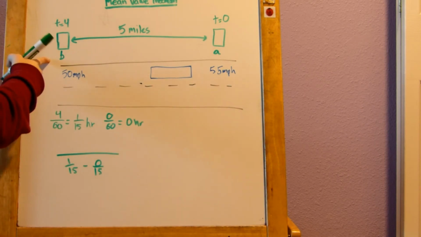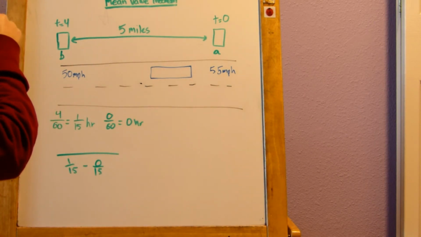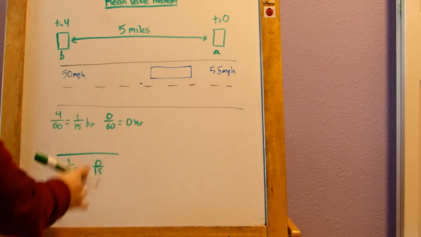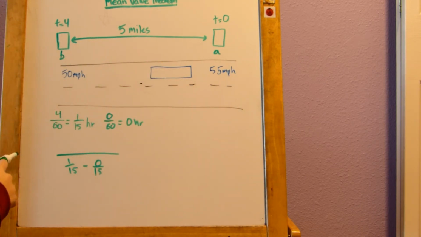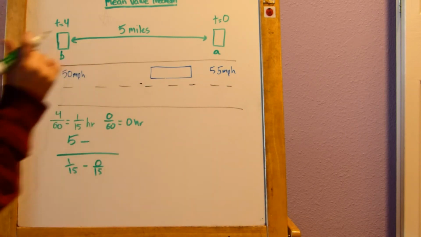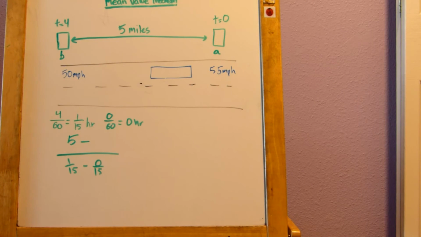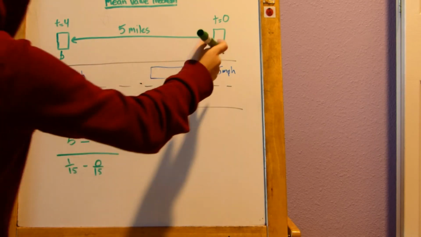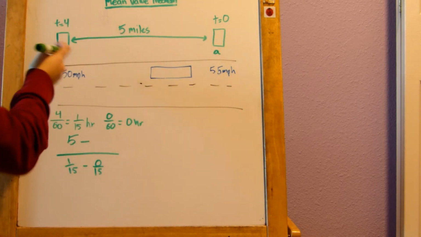At time b, this car has gone 5 miles. So that's going to be our f(b), 5. Our f(a) is going to be how far it's gone at time 0, which would be 0, because it's still at this point here. It hasn't gone the 5 miles.